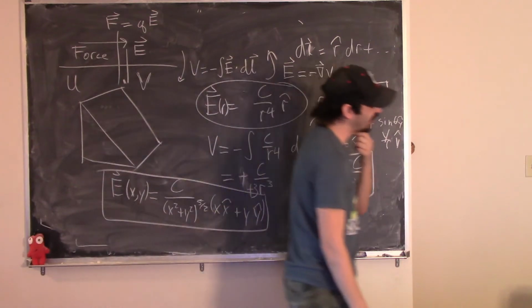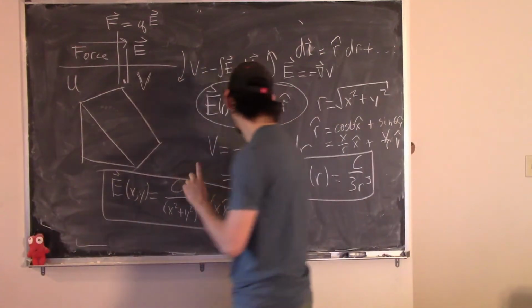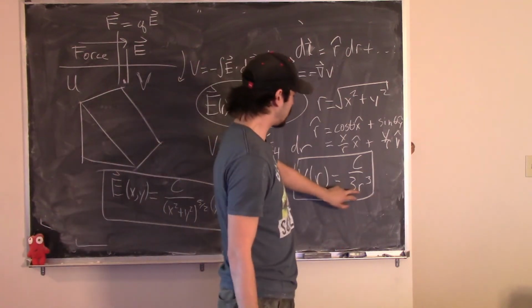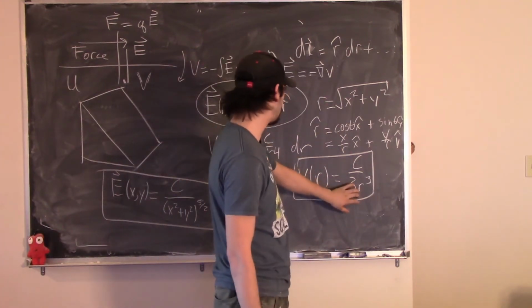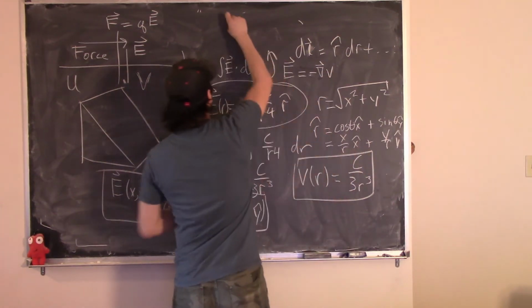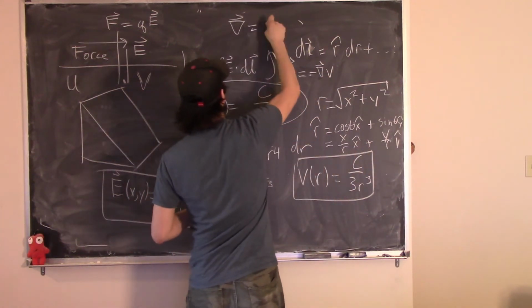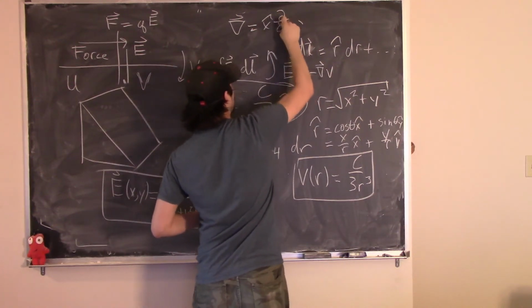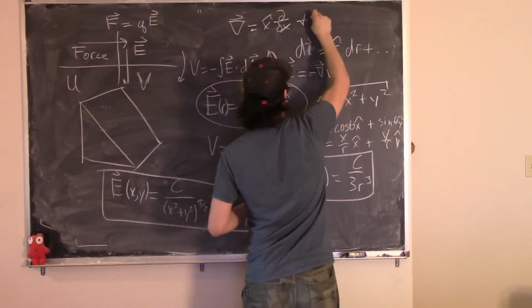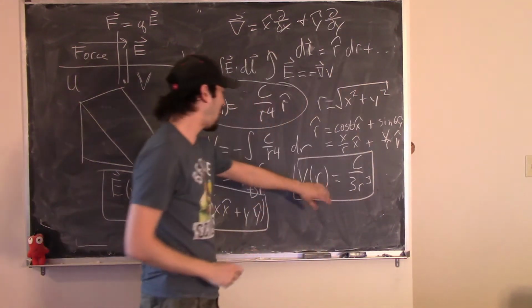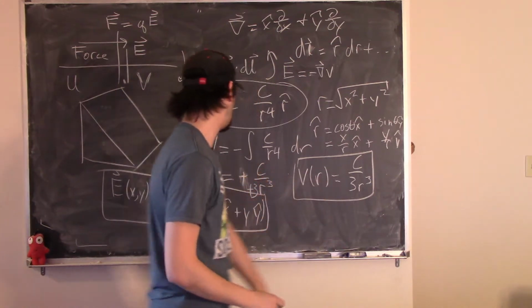Now, like I said, the way that it's phrased, it almost seems like what it wants you to do is to plug in this r here and then take the negative gradient of this, to say that the gradient is equal to x hat partial derivative with respect to x plus y hat partial derivative with respect to y, acting on this when this is written in Cartesian coordinates.